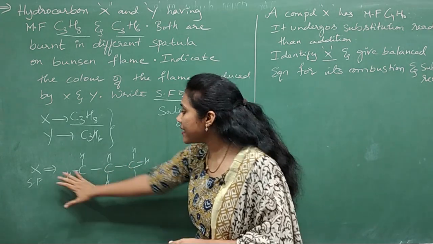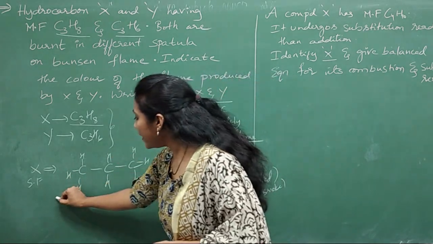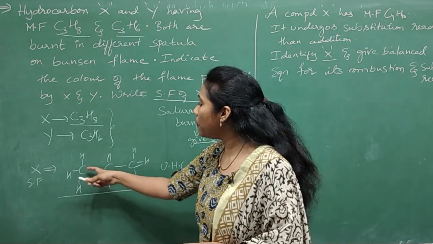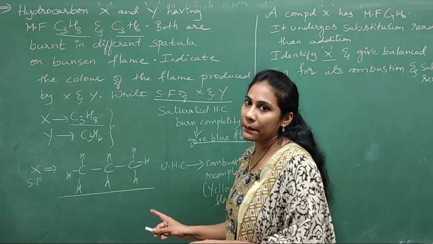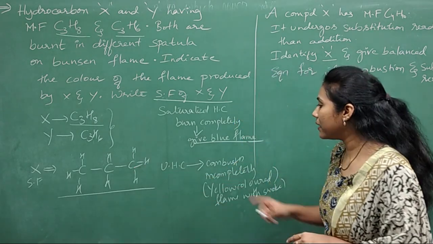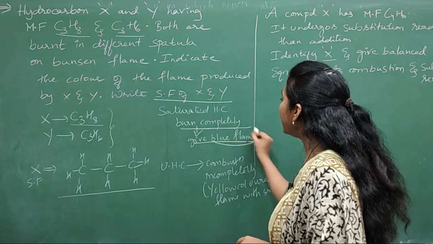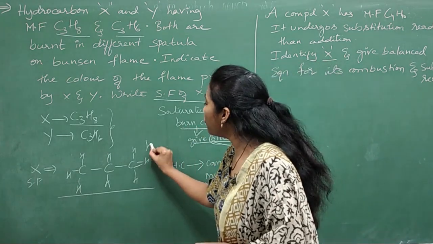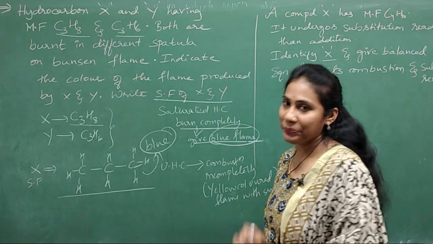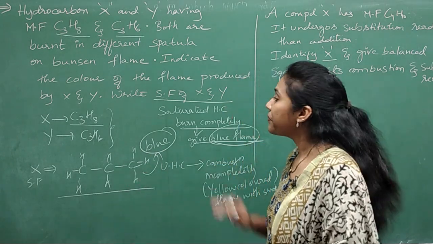So this is the structure of C3H8. And tell me whether this is saturated or unsaturated. See, all single bonds are there between carbon and carbon, no? So definitely this belongs to saturated hydrocarbon. So saturated hydrocarbons on burning, which colored flame do they give? Blue flame. So this compound is giving blue flame. Clear? Because it is saturated. And this is the structural formula.